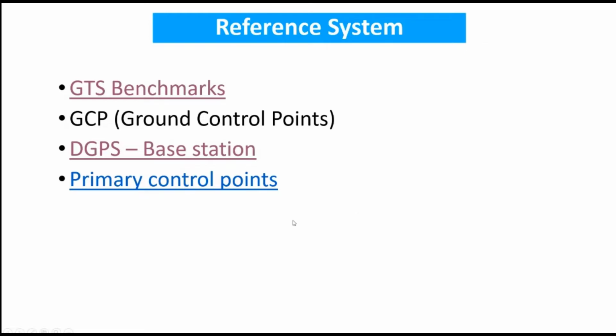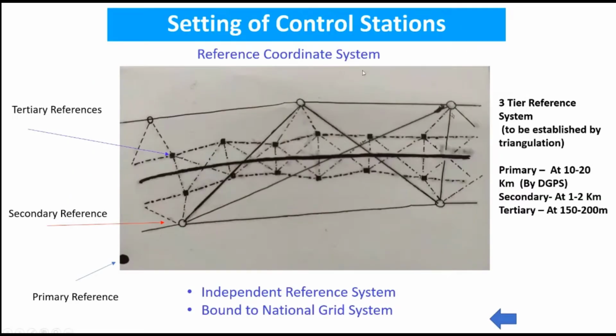Then we have primary control points. So these are basically the reference points. Primary control points are at every 10 to 20 kilometers.